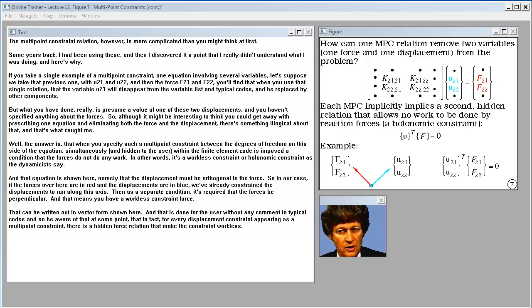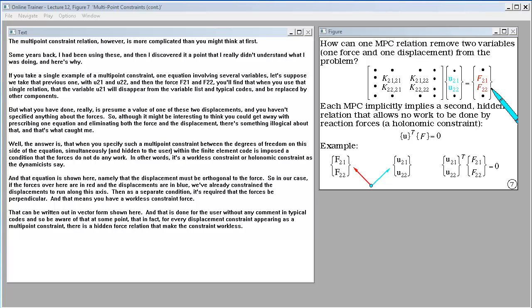The multipoint constraint relation, however, is more complicated than you might think at first. Some years back I had been using these, and then I discovered at a point that I really didn't understand what I was doing. And here's why. If you take a single example of a multipoint constraint, one equation involving several variables, let's suppose we take that previous one with U21 and U22, and then the force F21 and F22.